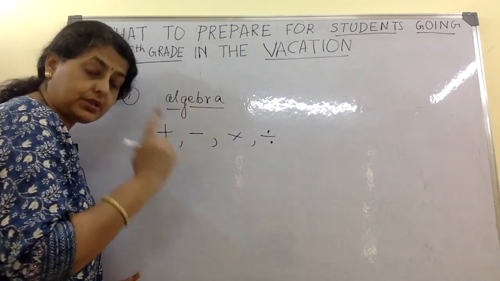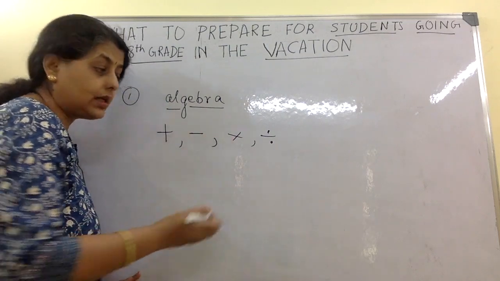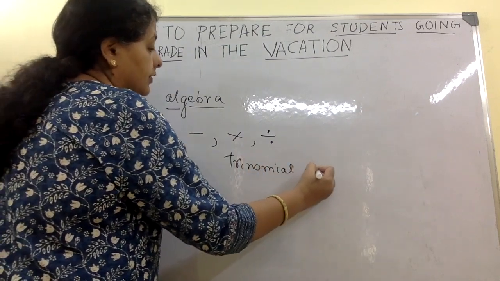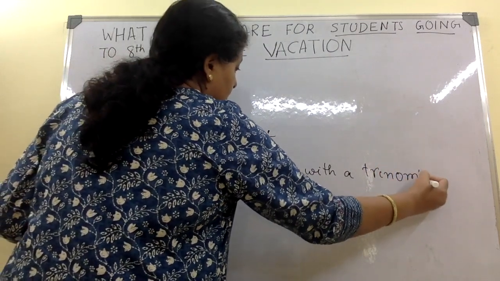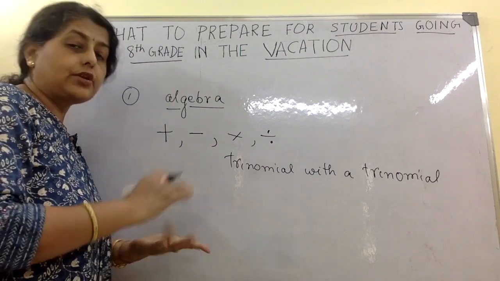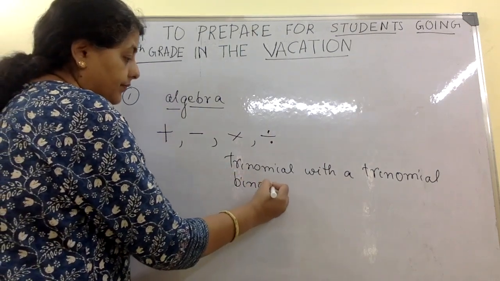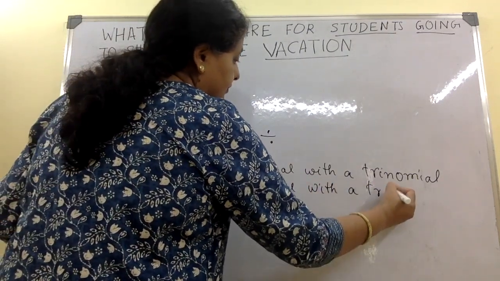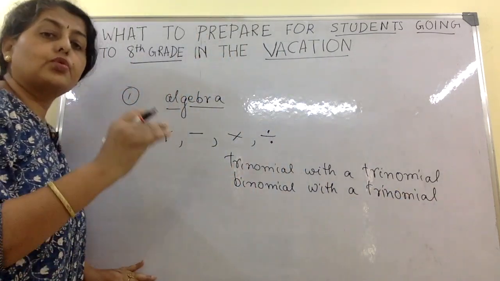For multiplication especially, you have to learn trinomial with a trinomial, binomial with a binomial, trinomial with a binomial, binomial with a trinomial. These are the things you will have to know very well.